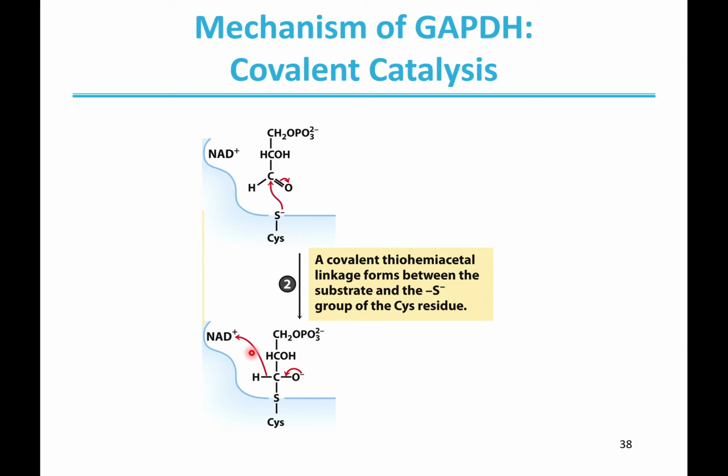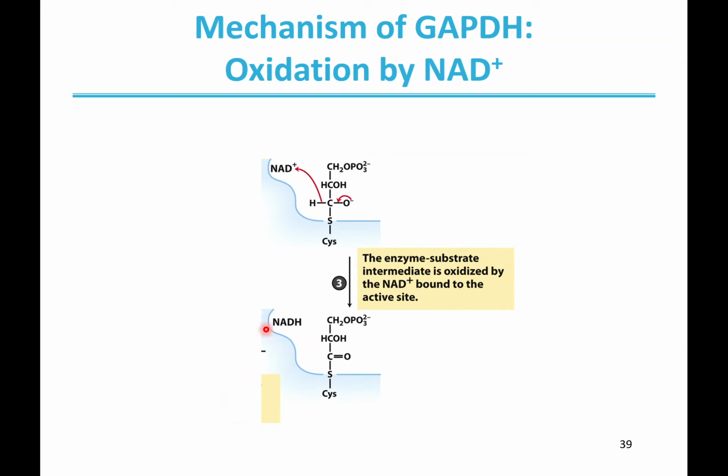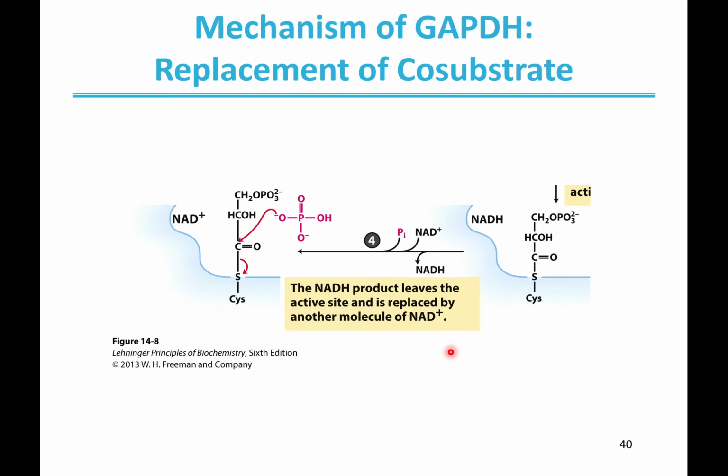The proton and the electrons from that bond are then transferred to NAD+ to get NADH, and you produce an oxidized intermediate. Then the inorganic phosphate comes in. You have NADH leaving, an NAD+ coming in, and an inorganic phosphate.